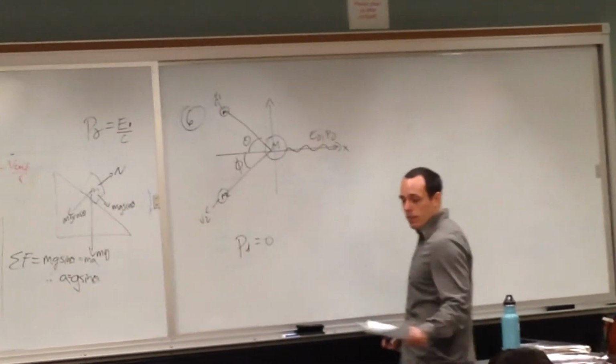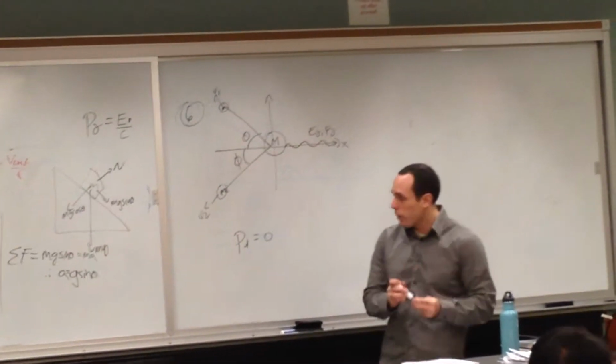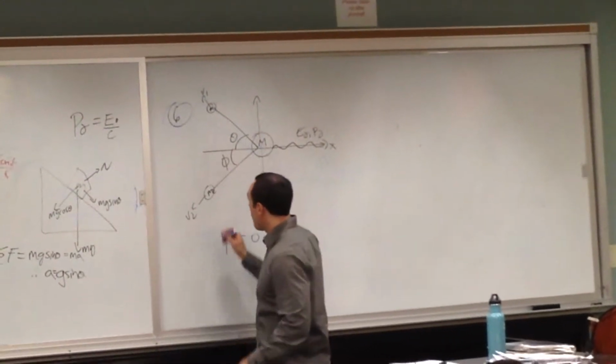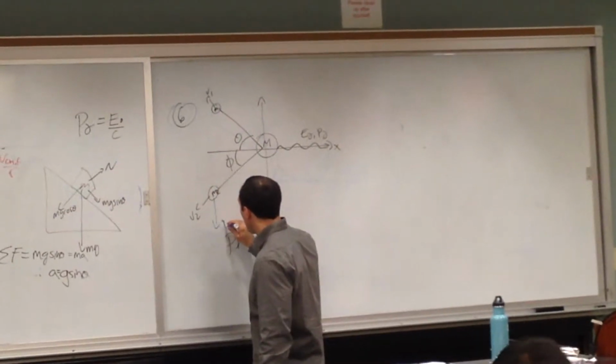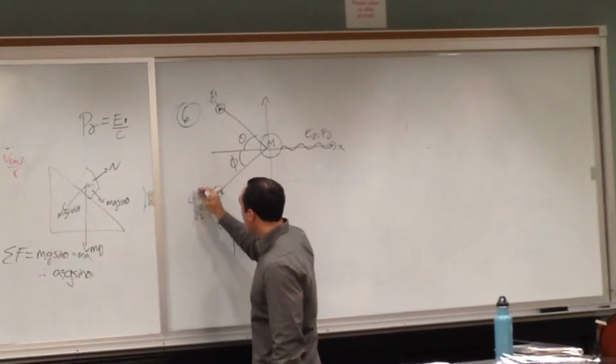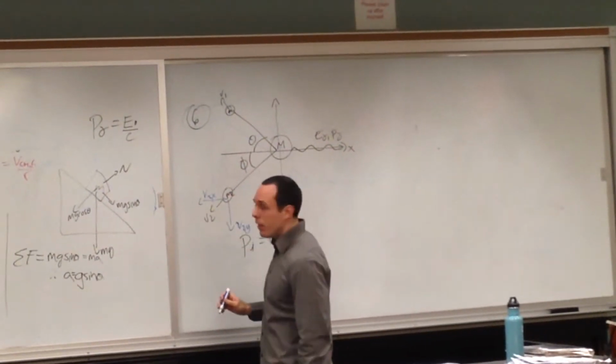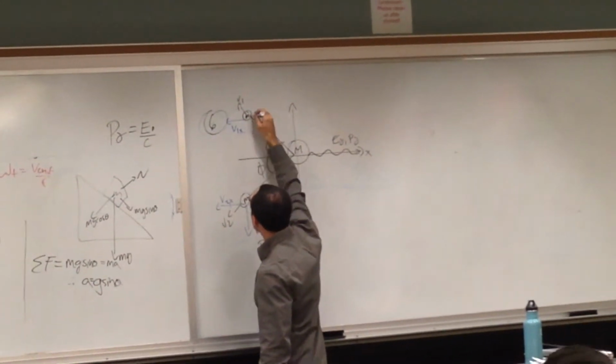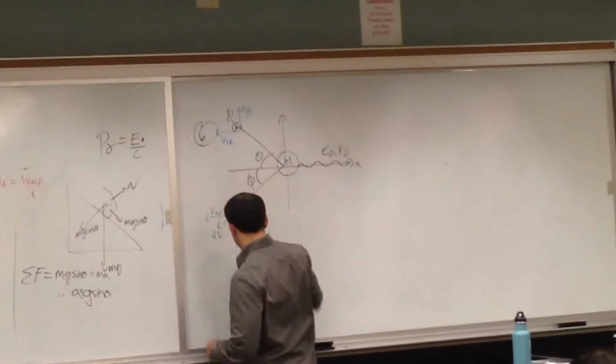But besides that, let me break things up first before we do anything else. This velocity vector here can be broken up into v2y and v2x. This velocity vector here can be broken up into v1x and v1y.